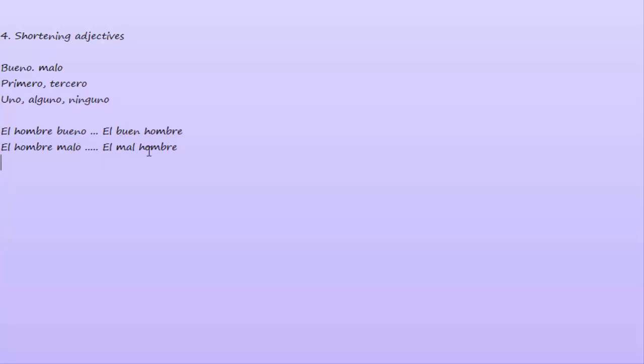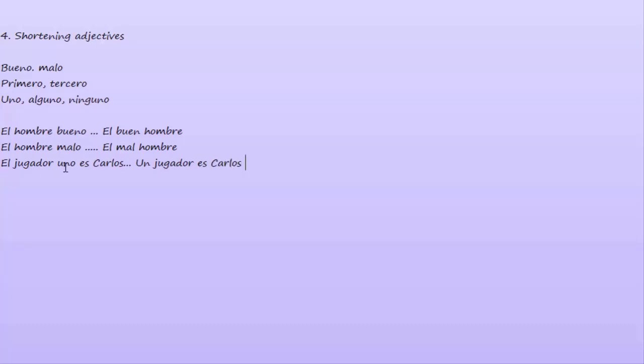With primero, tercero, uno, it happens exactly the same. Let's make an example with uno. Okay, el jugador uno o el jugador número 1 es Carlos. El jugador 1 es Carlos. Un jugador es Carlos.